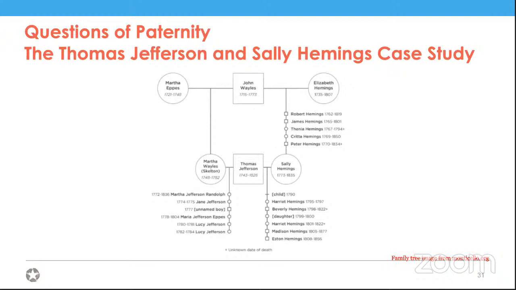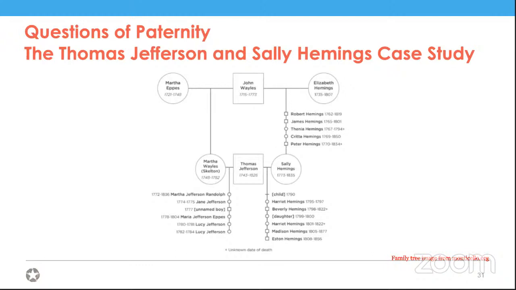John Wayles, his father-in-law, was the father of Thomas Jefferson's wife, Martha, as well as being the father of Sally Hemings. So as a result, the children of Martha and Sally actually shared 3 out of their 4 grandparents, which complicated things with DNA testing, since usually it's not as common for them to share that many grandparents and therefore that many DNA segments.